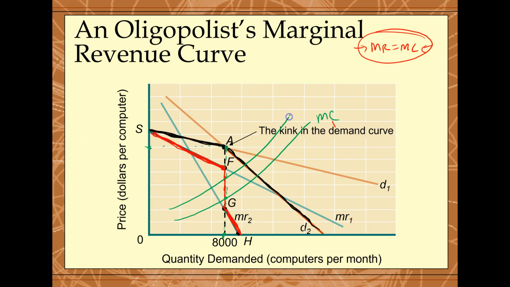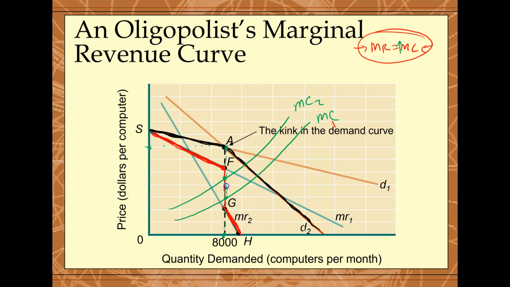Now, what if we raise costs? If costs go up to MC2, what we're doing is we're raising costs here. Now, in perfect competition, if you raise marginal cost, Q would change. In monopoly, if you raise costs, both Q and price would change. Not necessarily here, because we have a new intersection right here, but notice how the rate of output doesn't change.